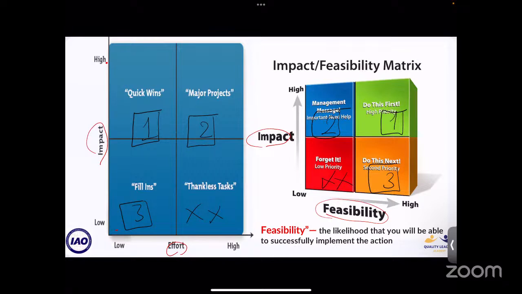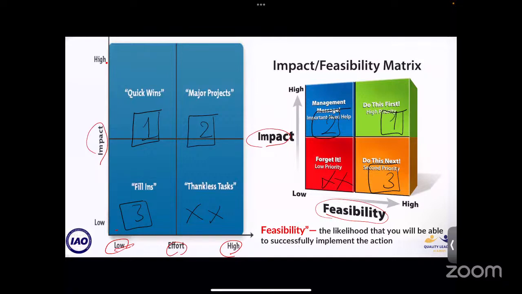Then you look at effort and resources. How much effort do you need to implement the solution? The ones that require low effort are on the left, and the ones that require high effort are on the right. Now let's take a look at the example.